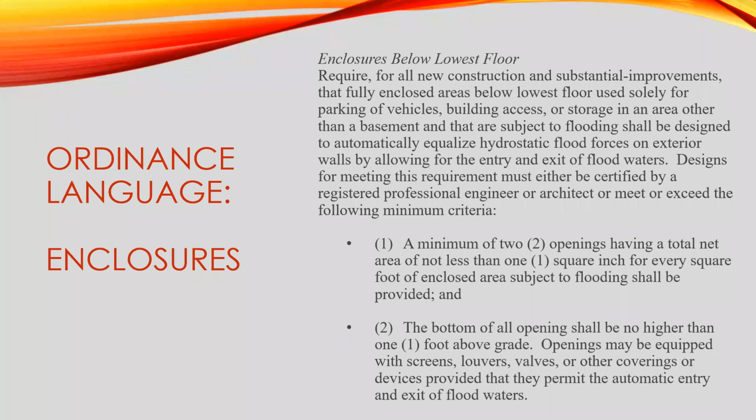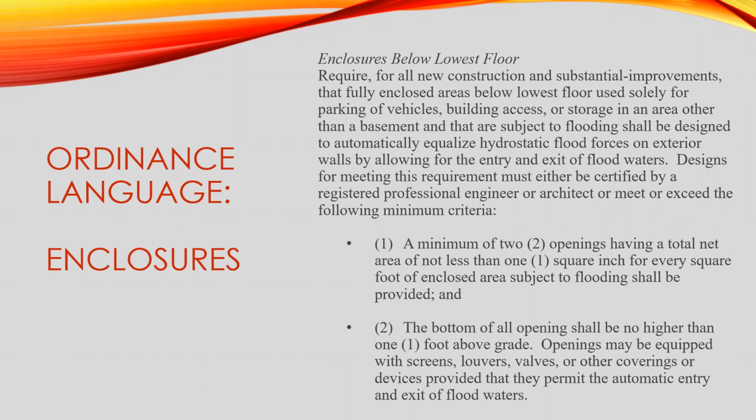And so this is the FEMA language, just kind of the bare minimum for enclosures below the lowest floor. So I'll show you a couple of examples of residential structures with enclosures. But this isn't everyone's ordinance, it's required to be in there.